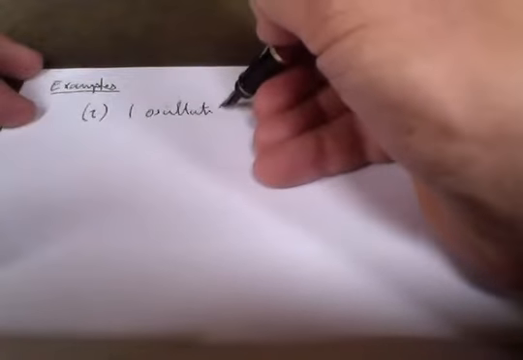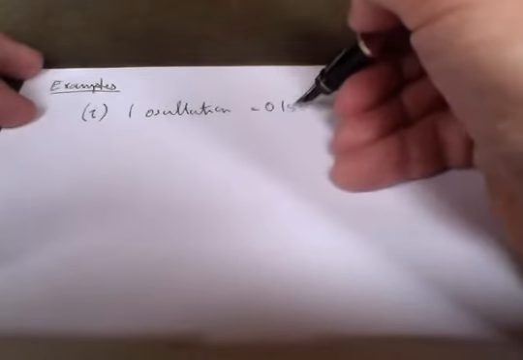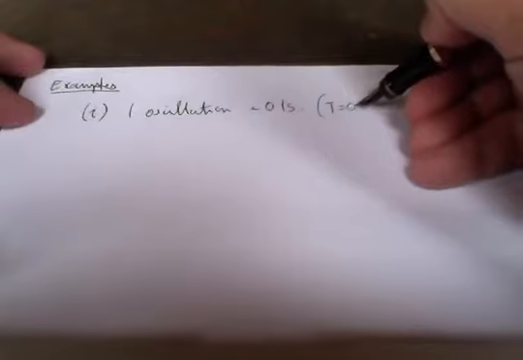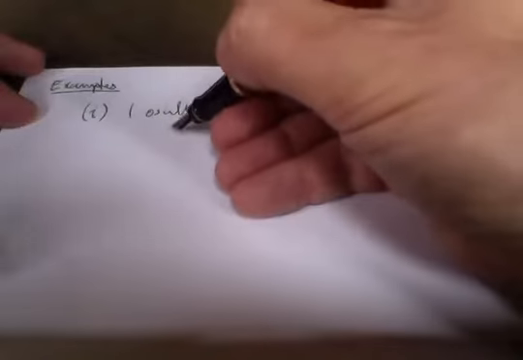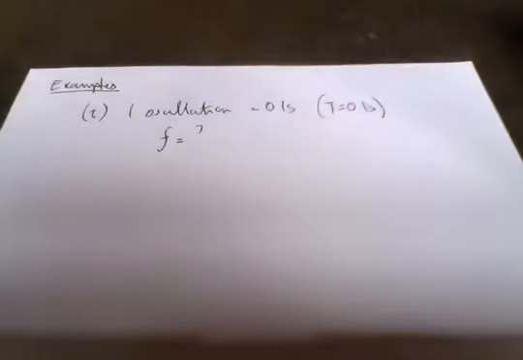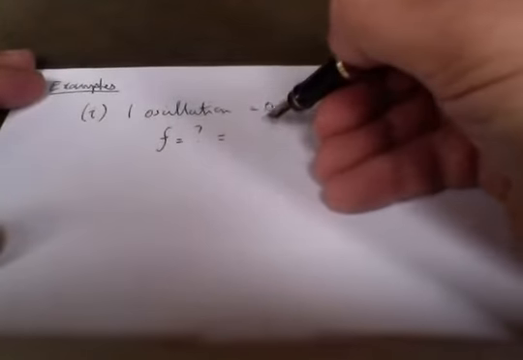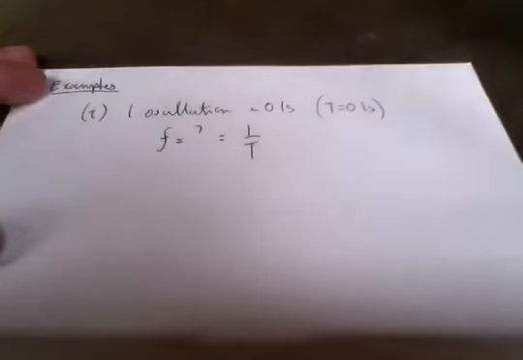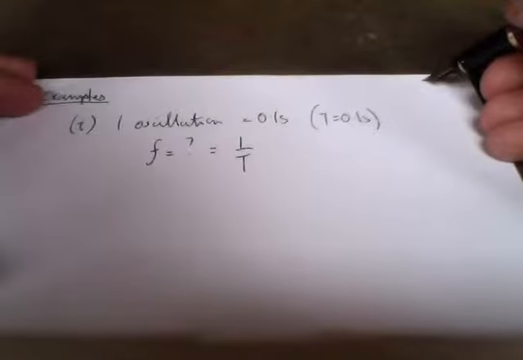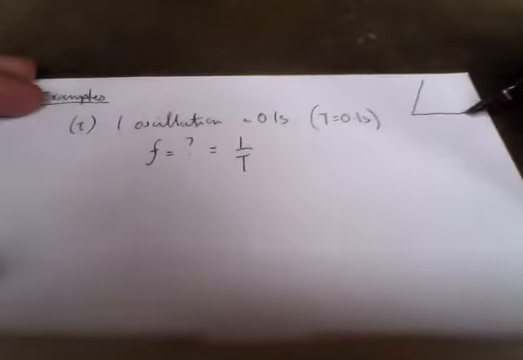So the first one says that one oscillation is 0.1 of a second, or the time period is 0.1 of a second. What is the frequency? Think you know? Hit pause. Otherwise, here comes the answer. Well, we know that it's 1 over the time period. I could actually write it in a triangle, if you prefer.